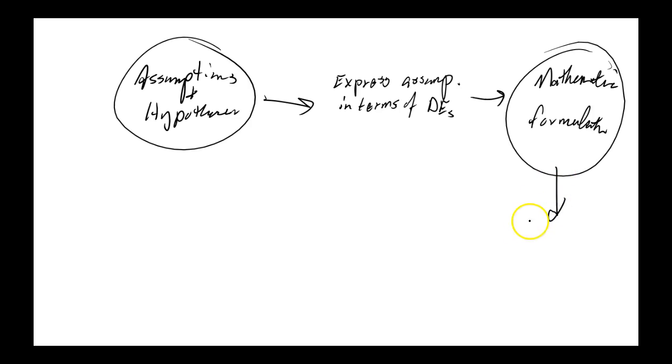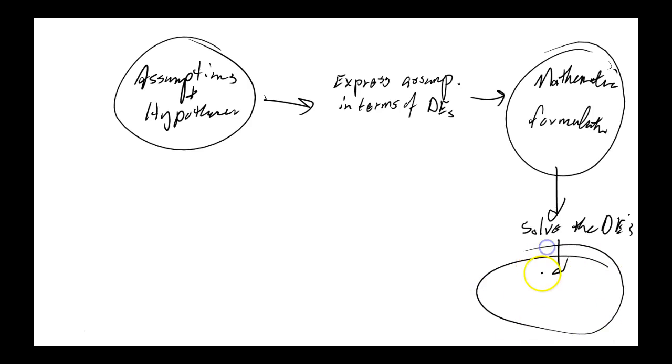Then, here's the tough part, we try to solve those DEs, the differential equations. Some are solvable by techniques that we're going to be learning. Others you have to do numerically. But anyway, when you do solve them, you obtain solutions.